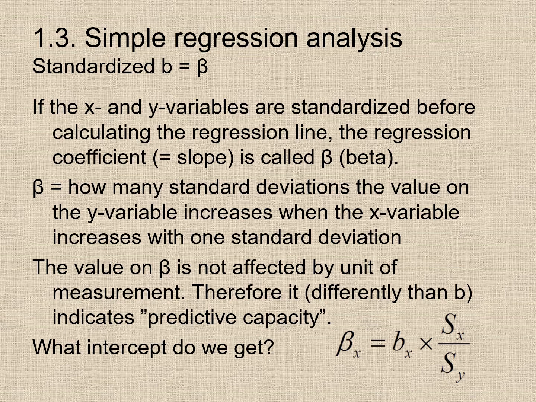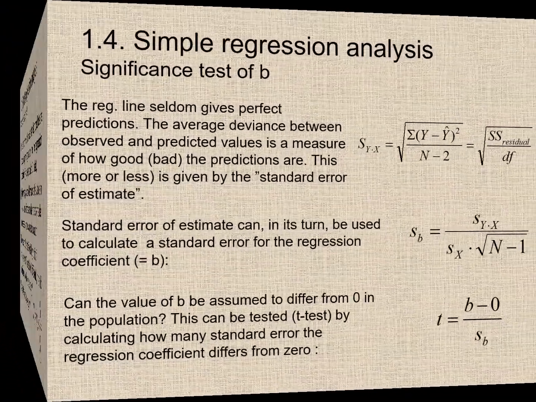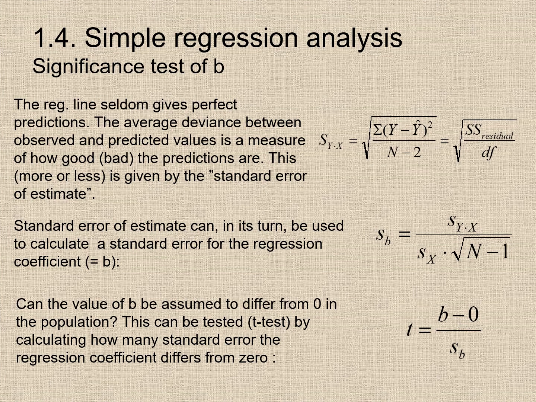Of course, usually we don't want only to calculate the regression coefficient in our sample. We want to estimate what the regression coefficient might be in the population that the sample is representing. So we want to significance test our regression coefficient.